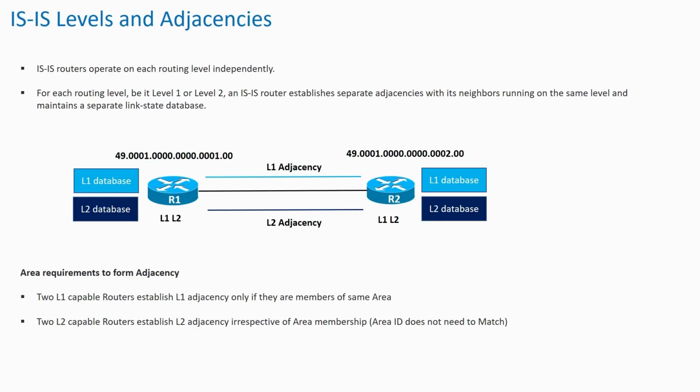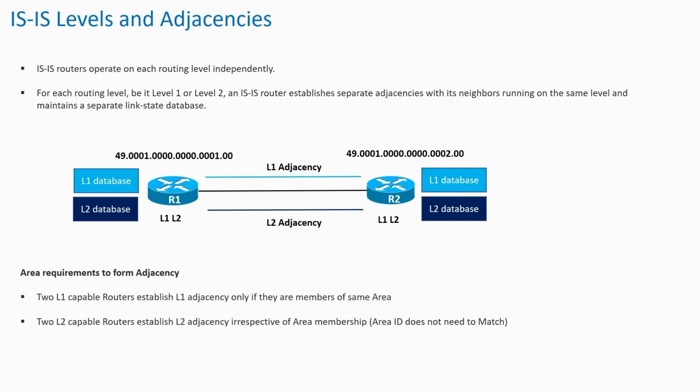Router 1 is configured as L1 L2 and router 2 is also configured as L1 L2. Since both routers are in the same area, they will form an L1 adjacency. And since both routers are L2 capable, they will form L2 adjacency. Both routers will maintain a separate database for L1 and a separate database for L2.